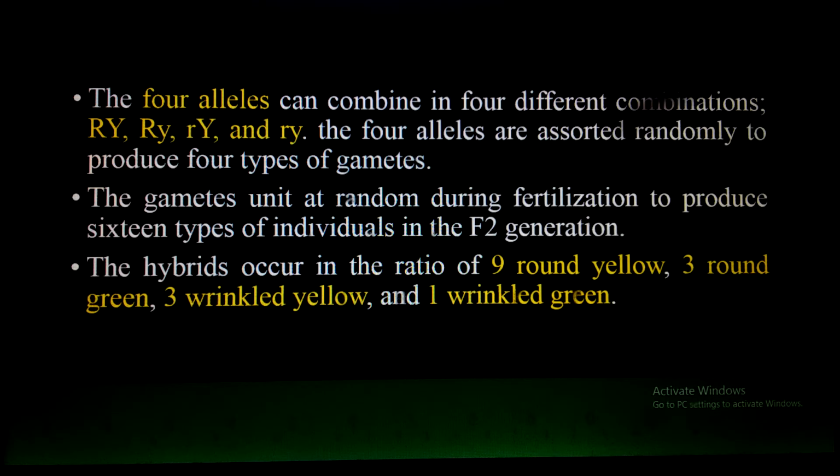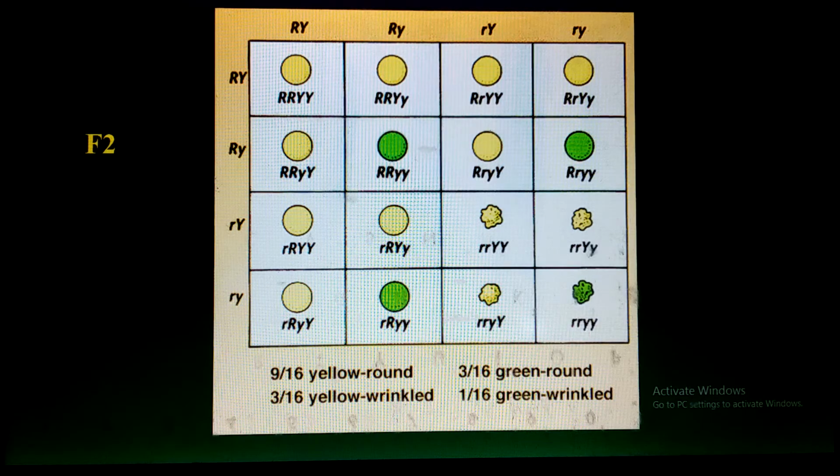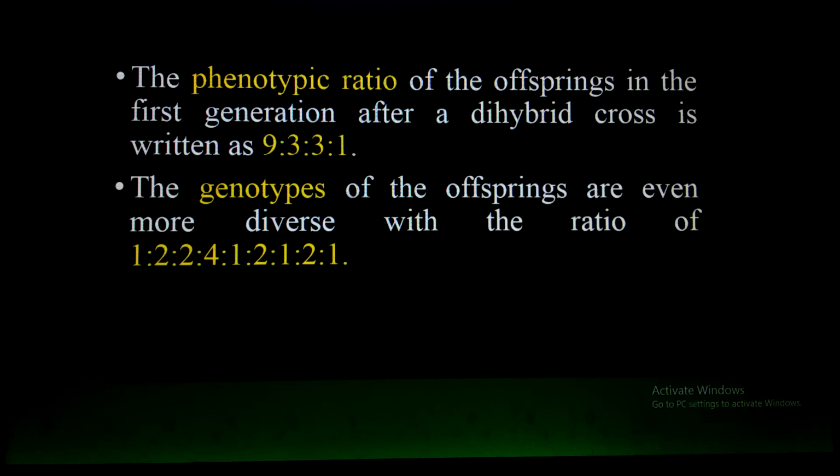Is it clear? Out of the 16 individuals, 9 are round and yellow, as I have shown you, 3 round and green, 3 wrinkled and yellow, and 1 wrinkled and green. So the F2 generation phenotypic ratio is 9 to 3 to 3 to 1.